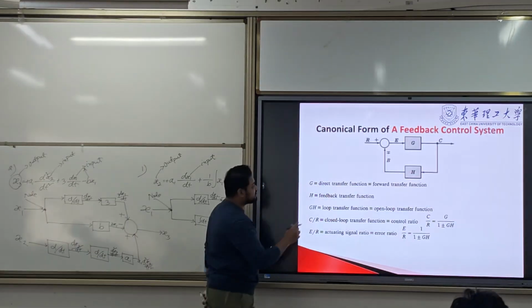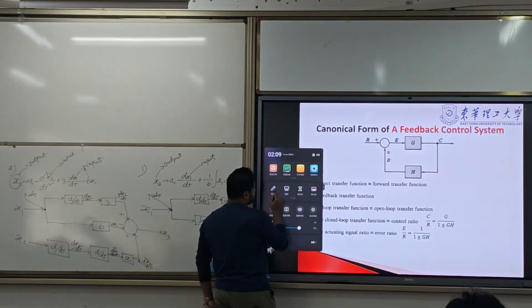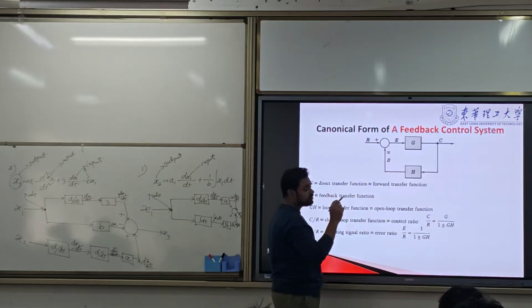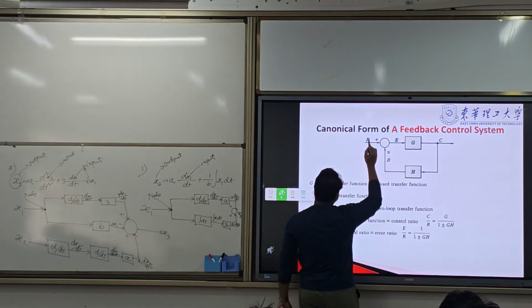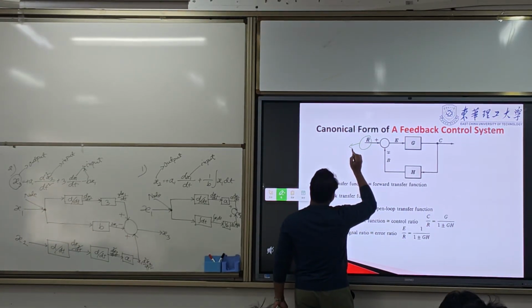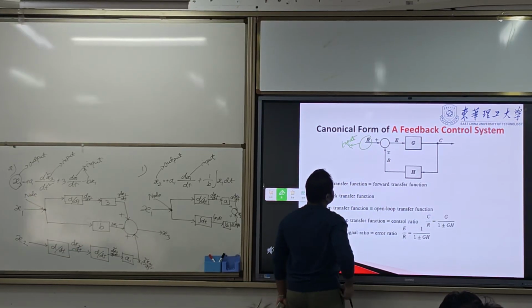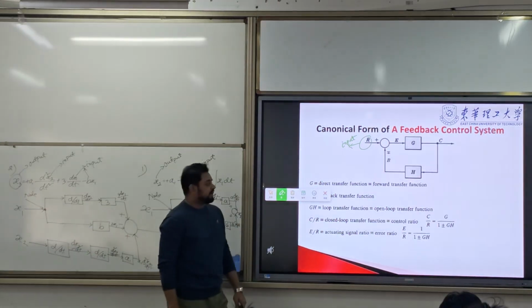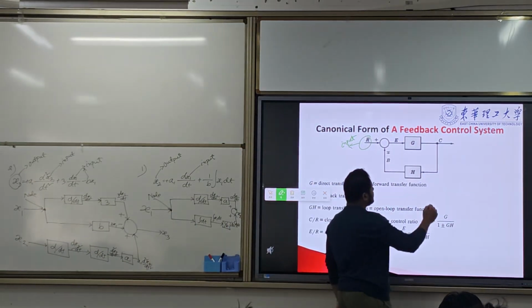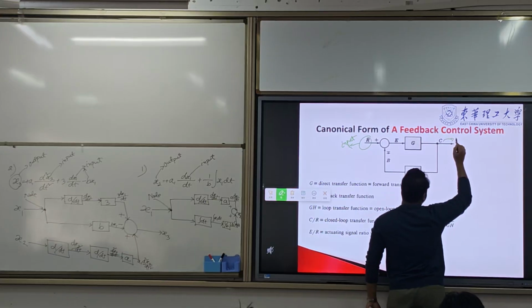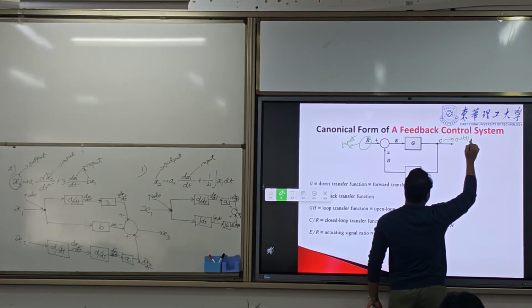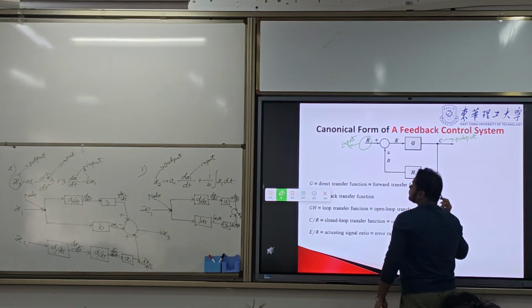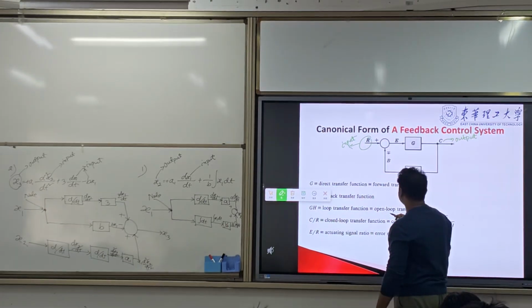This canonical form is derived by this diagram. You already know about the diagram because you have learned that here R is defined as the input of our control system, and C is defined as the output of the closed loop control system.